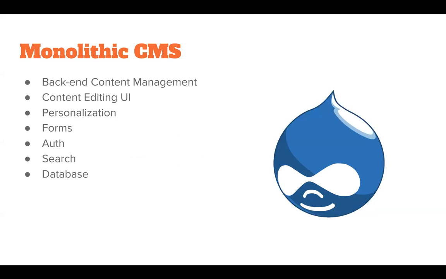We all know that Drupal is monolithic, so it almost does everything. It does backend content management, content editing in the UI, personalization, forms, authentication, and search. Drupal has built-in search, and it also has its own database.